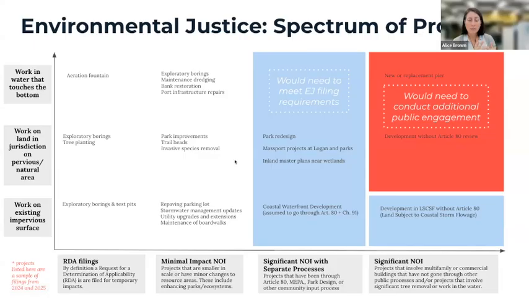For things that are sort of light touch, particularly that are already happening in parks or research projects or in areas that are paved and staying paved, we're calling those, just in this slide, minimal impact NOIs. Those would also not have to go through a lot of additional outreach.